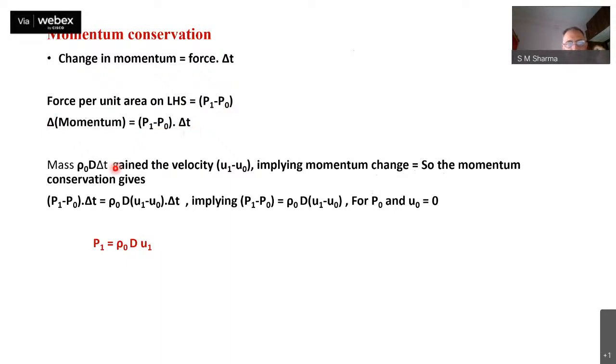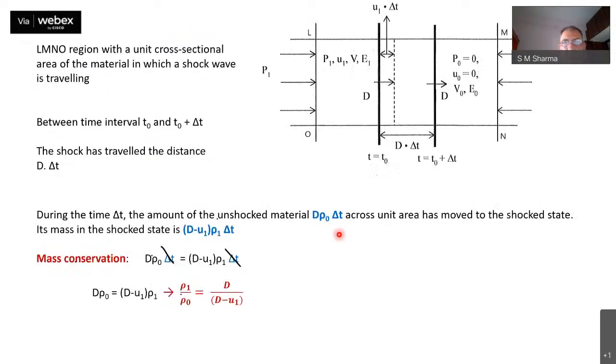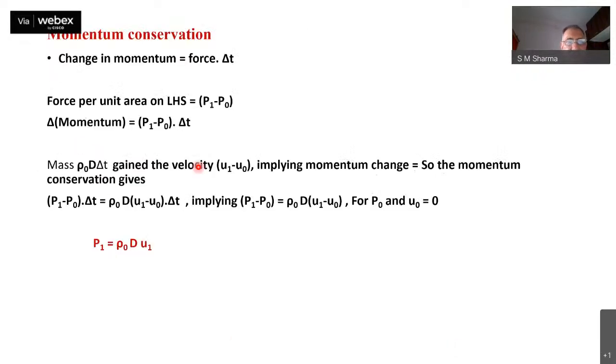Now, as we discussed earlier, the mass rho naught D delta t has gained a velocity which is u1 minus u0. So it is u0 here. If it is at rest, u0 is 0, and now it has gained the velocity u1. So it has gained velocity u1 minus u0, implying a momentum change equal to rho naught D (u1 minus u0) into delta t.